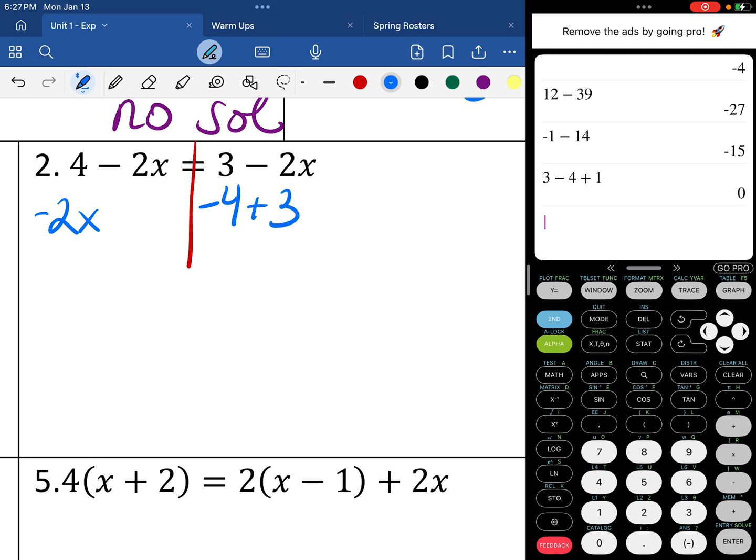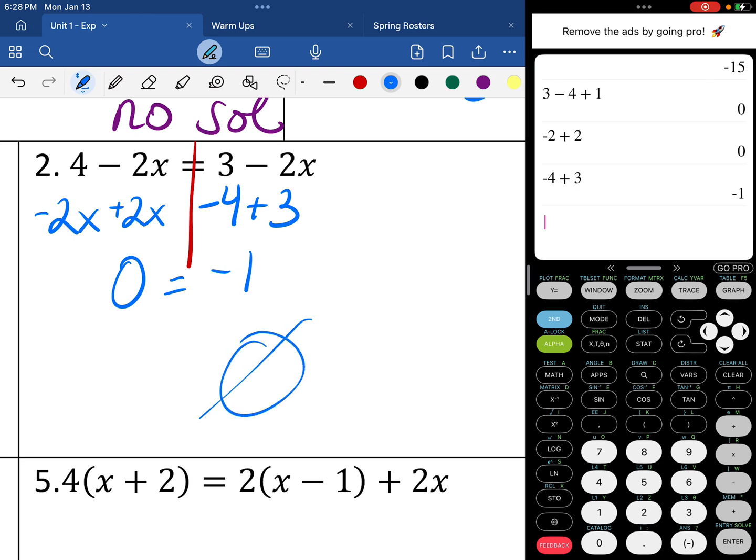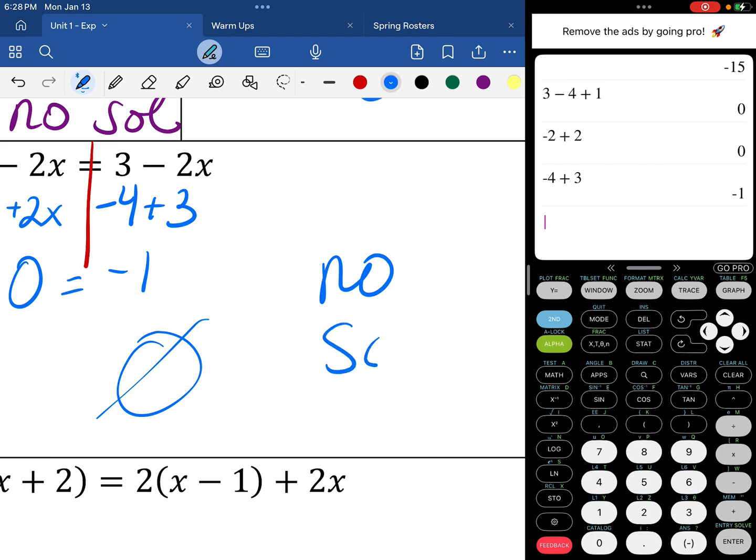Then we have negative 2x. Negative 2x is on the wrong side, so we have to bring him over and he becomes positive. So if I do negative 2 plus 2, that gives me 0. But then if I have negative 4 plus 3, that is negative 1. Does 0 equal negative 1? No, it does not. So that means it is no solution.